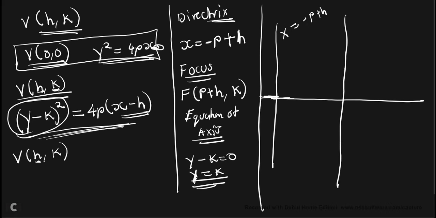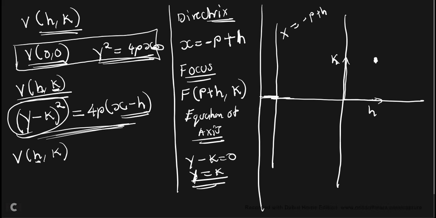Your vertex is (h, k). So we have to move in the x-axis by h, and in the y-axis by k. So it is somewhere at this point.